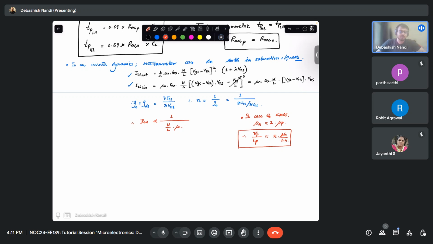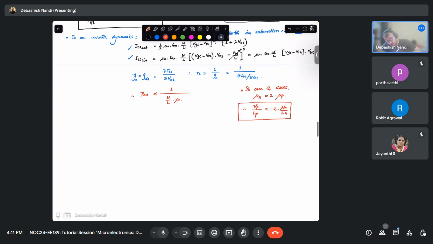I told you that this will become helpful in the next session. So basically, to get same R on or IDS, you just make your PMOS twice bigger.